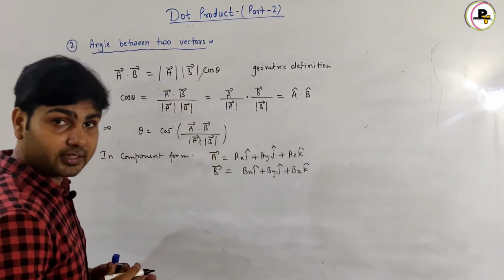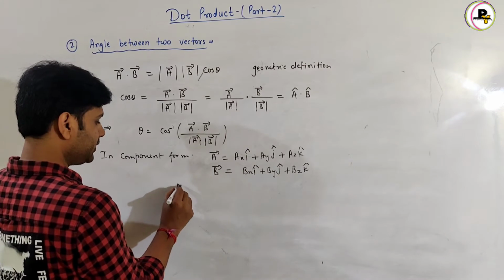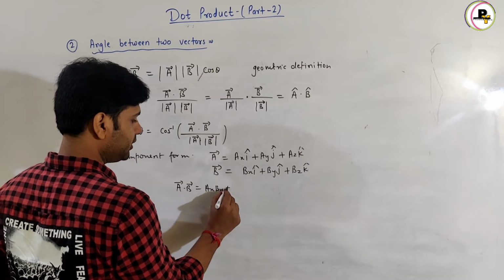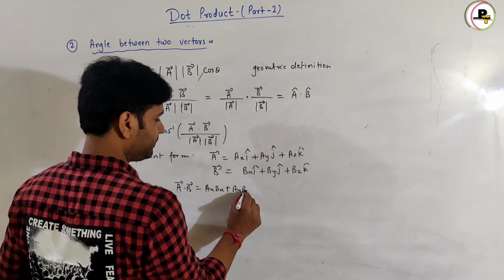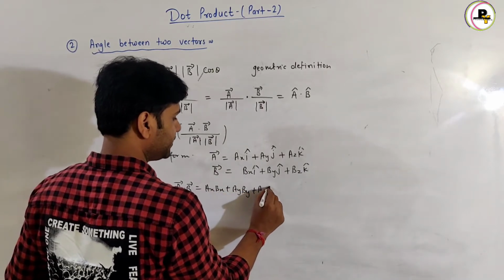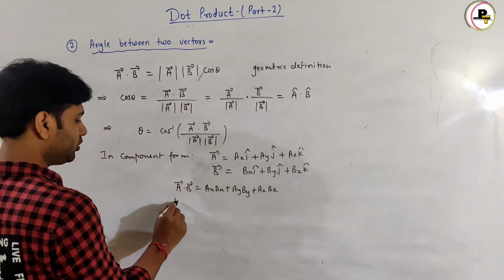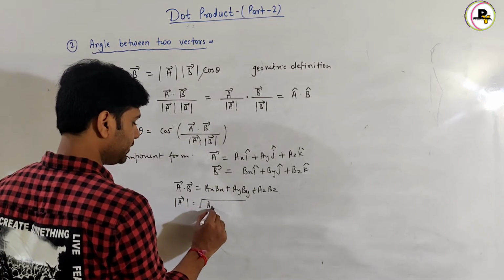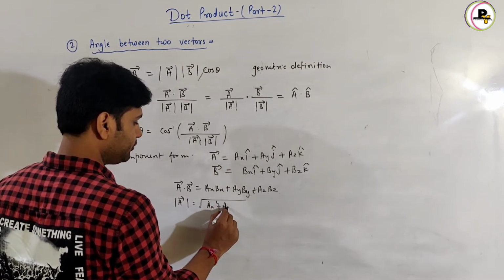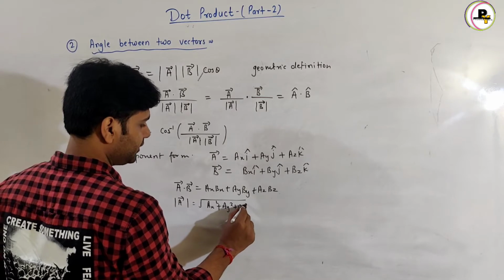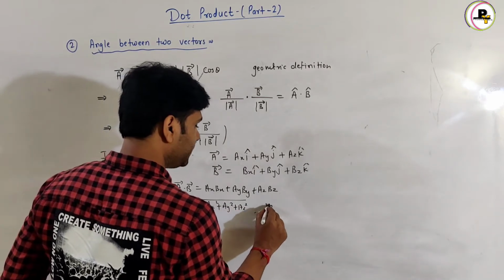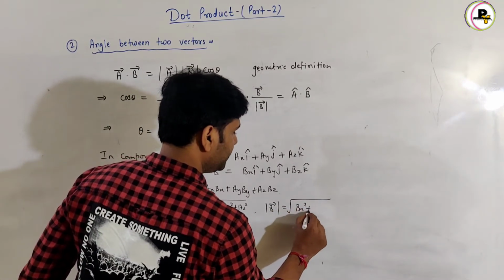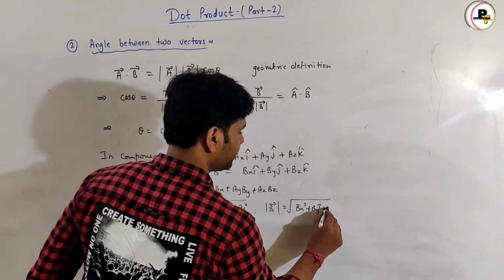So if I take the dot product of vector a and vector b, then I can write here a vector dot b vector equals to ax bx plus ay by plus az bz, and if I take the mod of vector a, then it is equal to what? It is equal to square root of ax square plus ay square plus az square. And what is mod of vector b? Mod of vector b is square root of bx square plus by square plus bz square.